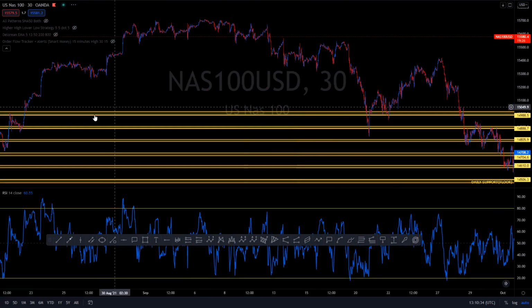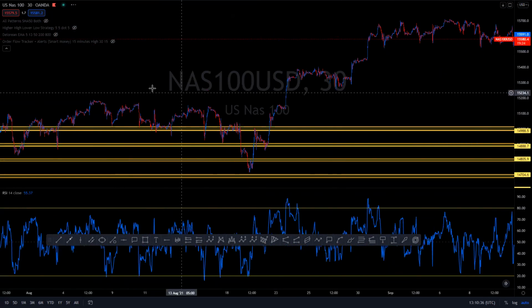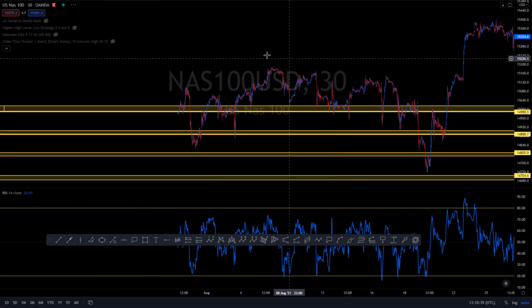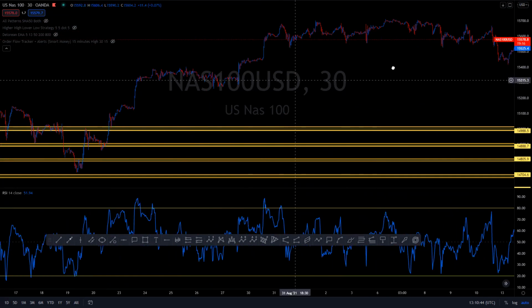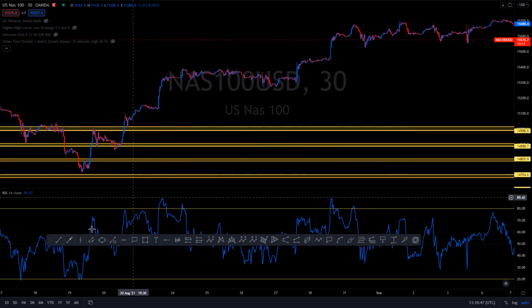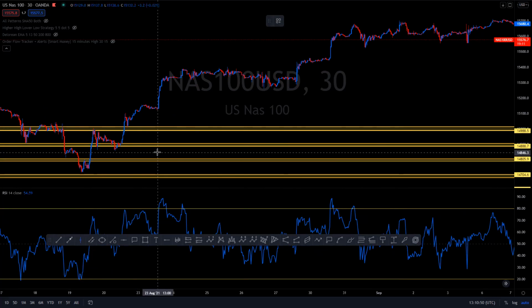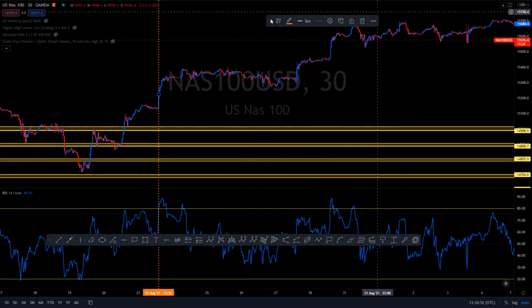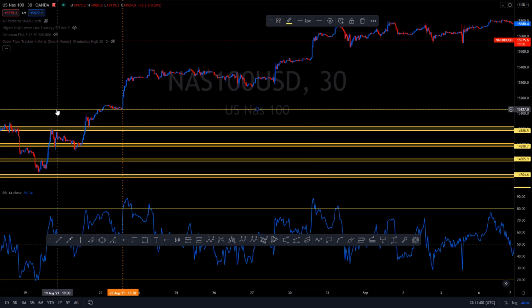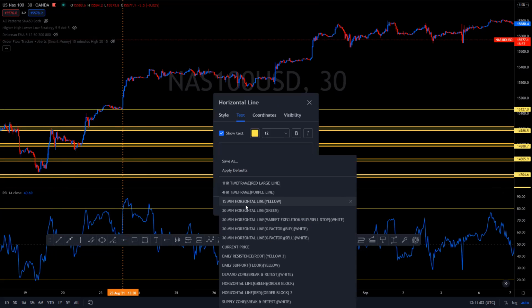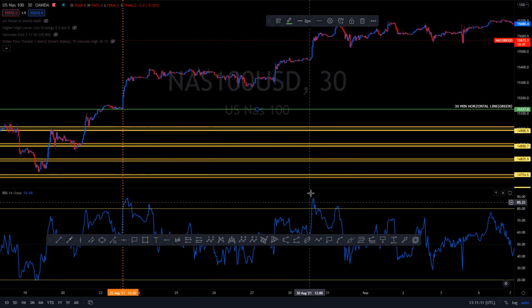So you can see we've marked up all the 30-minute at this point. So now what we're going to do is we're going to start right up here. I'm going to do the same thing. Let's see, no, that's the 3, yeah. Green line here.